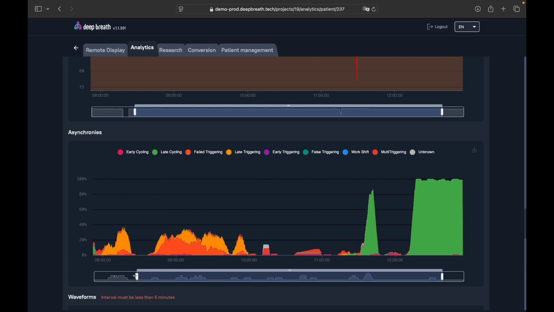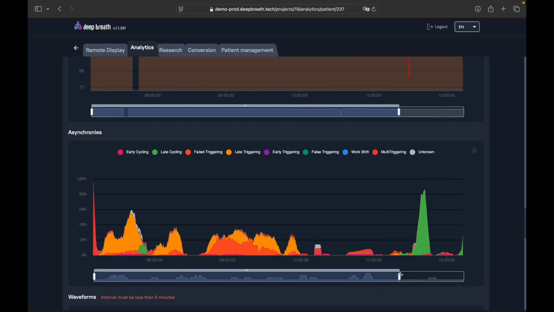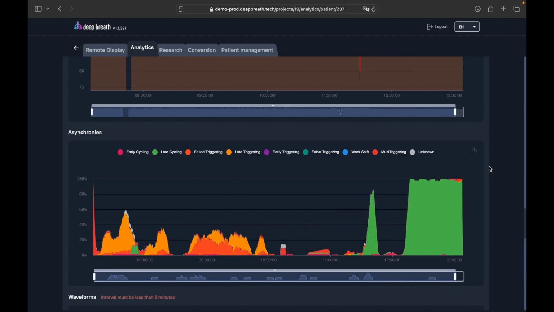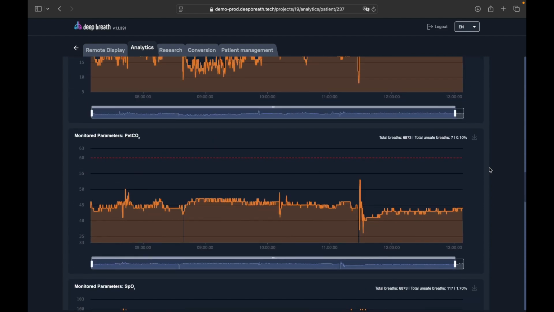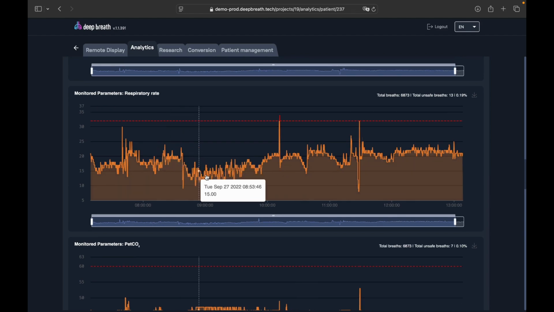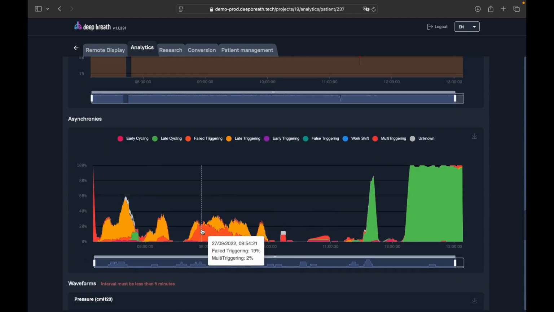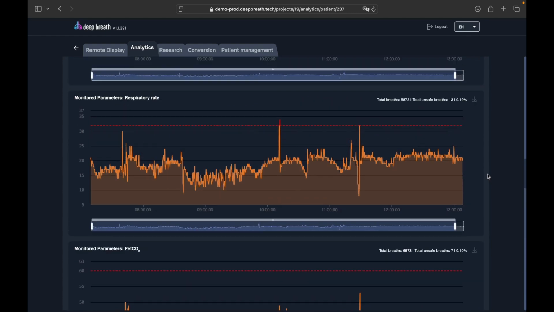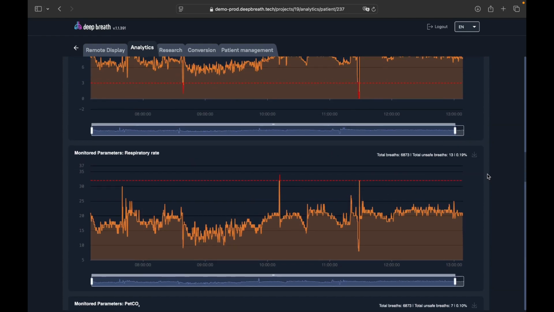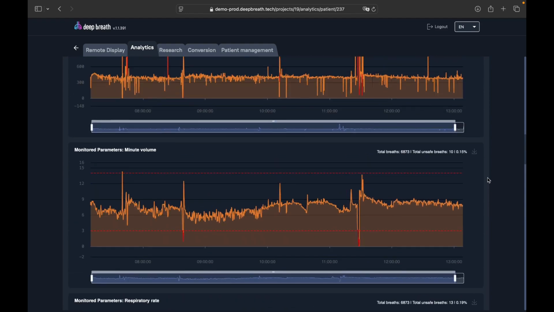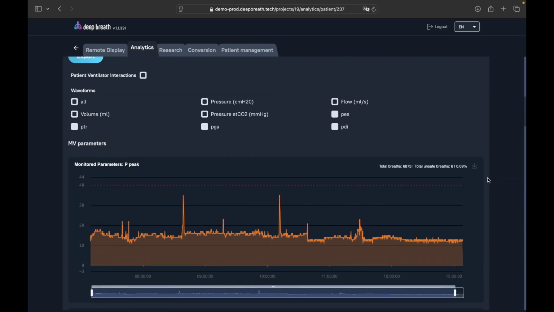For example, this failed triggering cycle, and we also can see, for example, how respiratory rate was reduced during the failed triggering episode, and it's quite obvious because the patient wanted to inhale, to breathe more frequently, and the ventilator didn't support it.